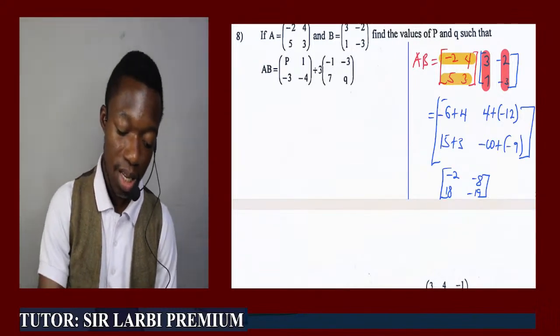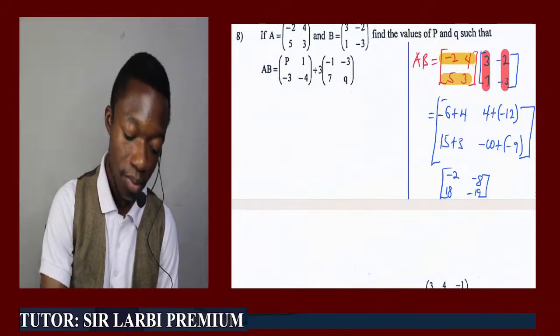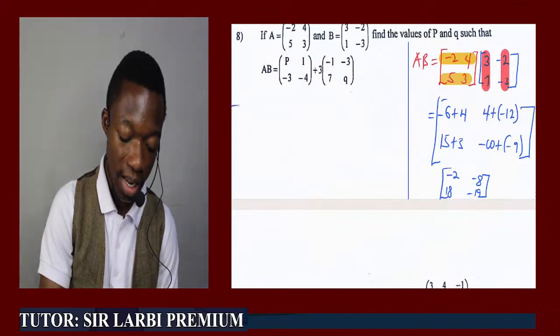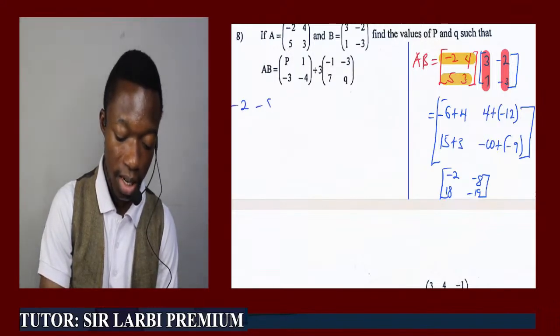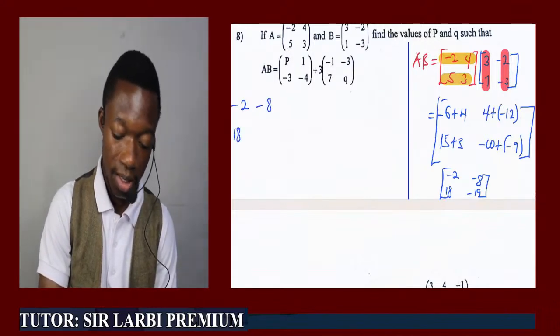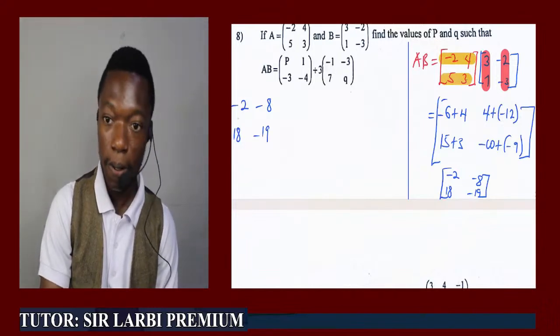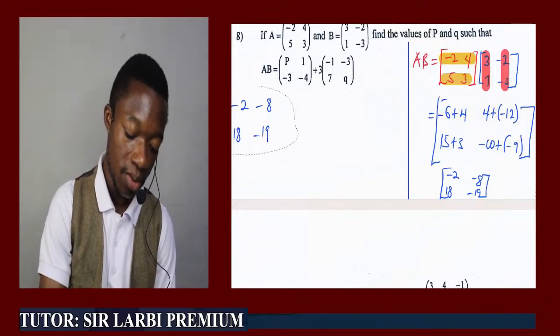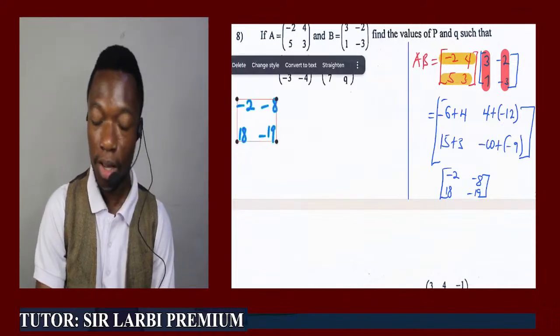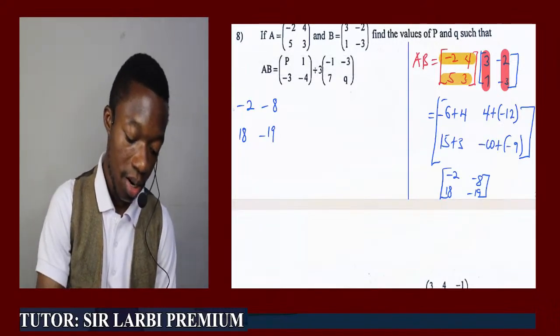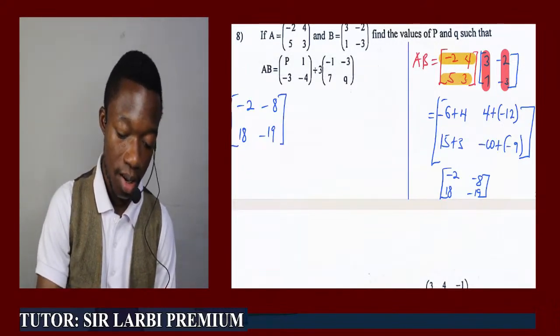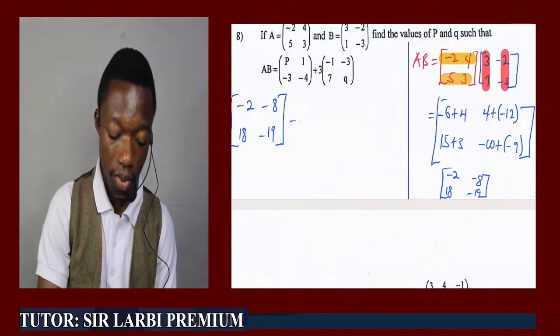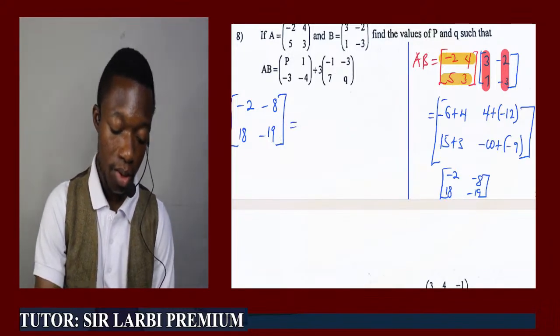So that means that now we have AB to be -2, -8, 18, -19. Okay, these are what we are having as the values of AB. All right, so once we have that, we just want to equate that to this.